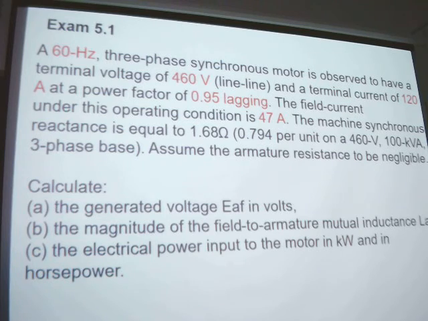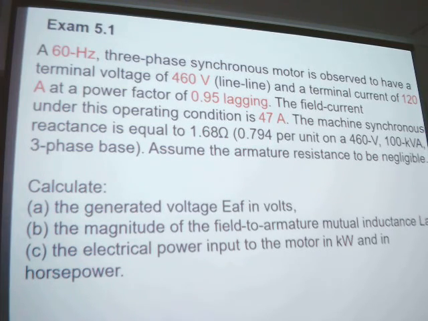How to study and practice, for the simple one. For example, 5.1: it is 60 hertz, three phase, and gives us the terminal voltage VT, but it is line to line.